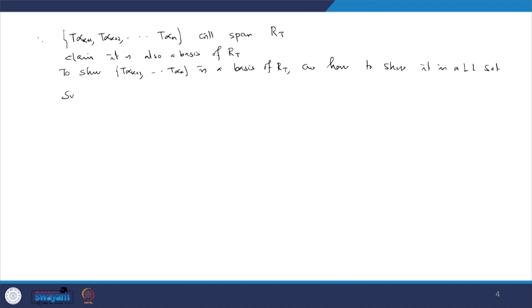Suppose not, suppose it is not a linearly independent set.